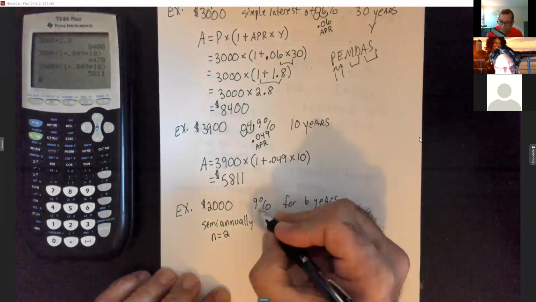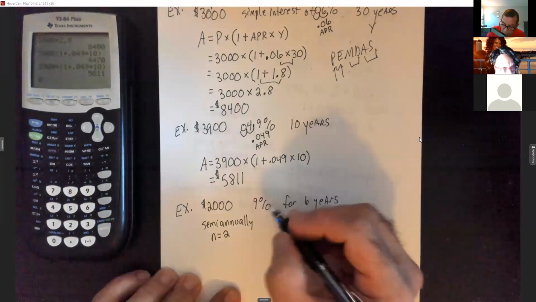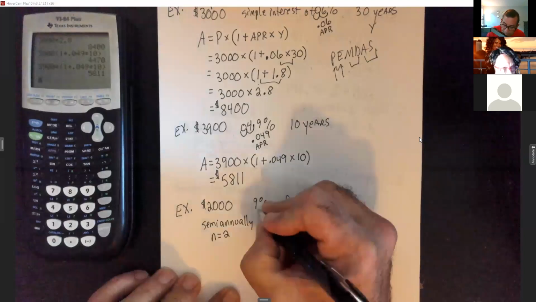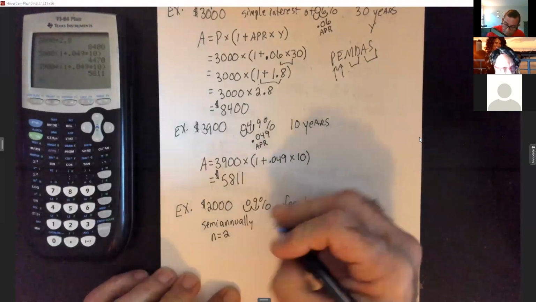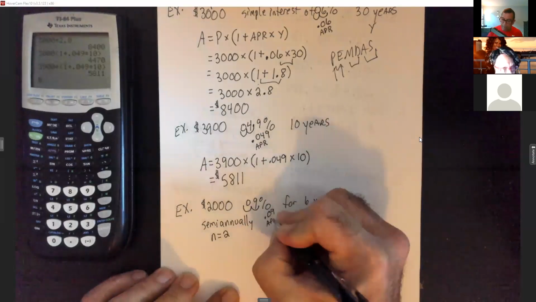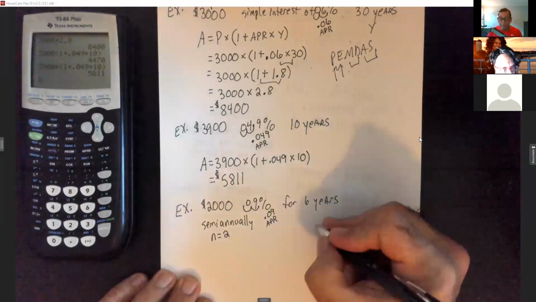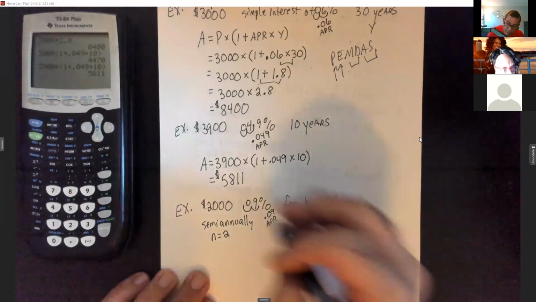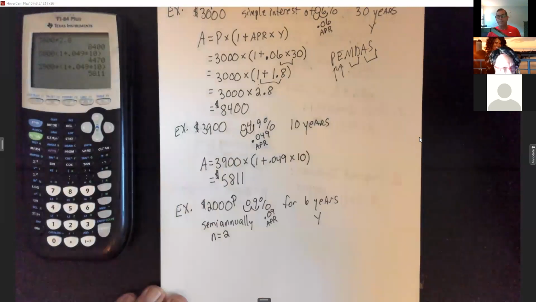We still need to change this percent into a decimal. So the decimal's after the 9, we need to move it left twice. So that's going to give me a 0.09 for my APR. 6 will be my Y for my years, and then 2,000 will be my principal or my starting amount.